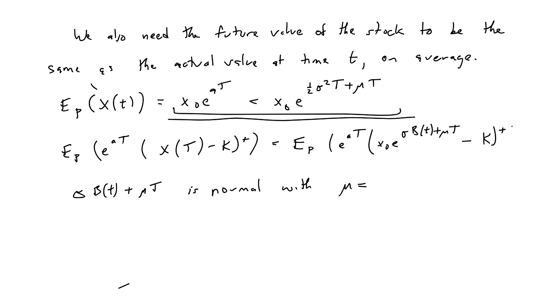Therefore, sigma b of t plus mu t has a mean of mu times t, and it has a variance of sigma squared t. Since I don't want to write this thing too often, let me let that be y.